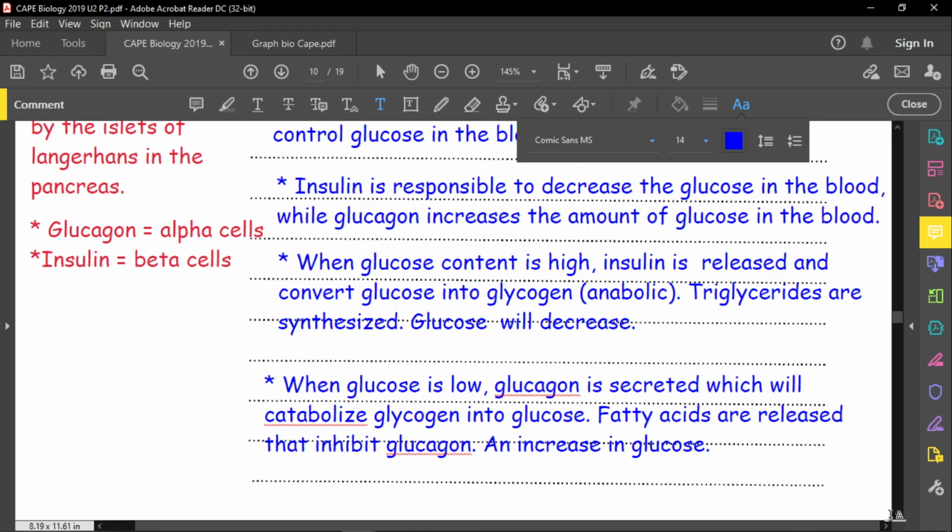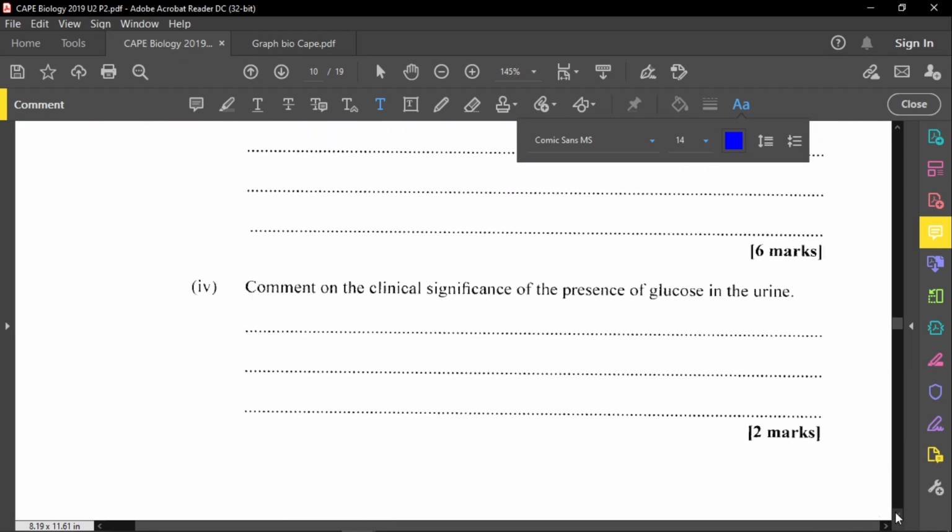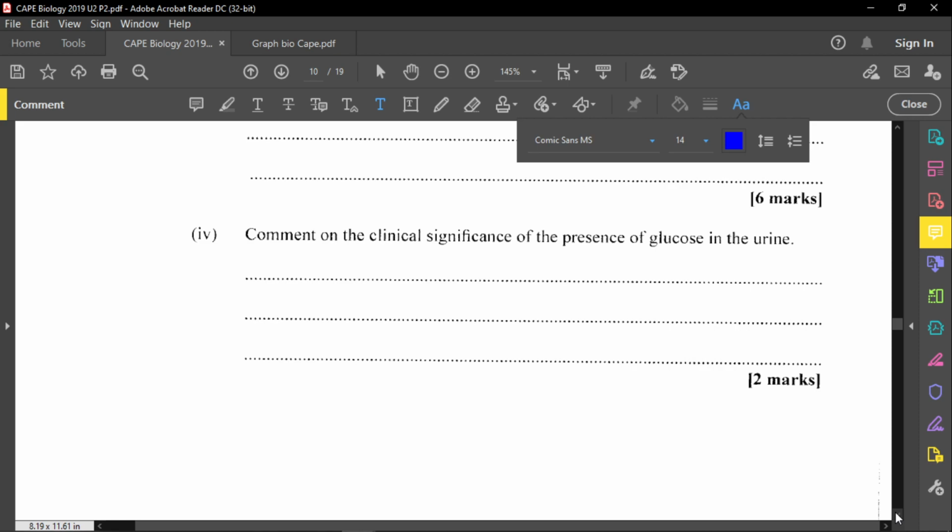Now let's go to the next part of the question. And the last part of this question, I think it should be yes. It said, comment on the clinical significance of the presence of glucose in the urine.